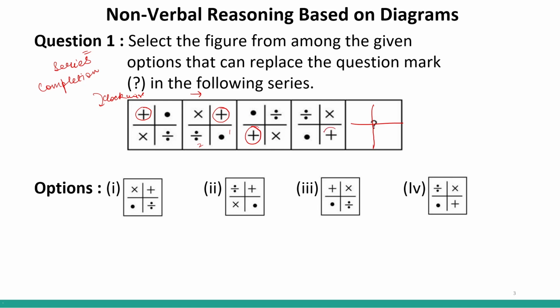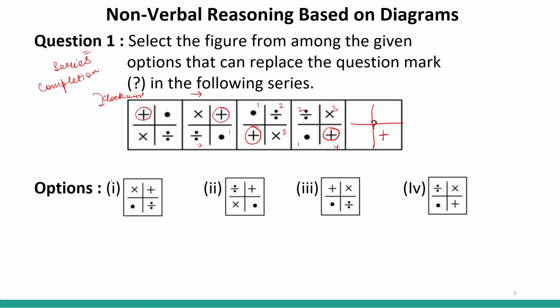Then we have it over here. So 1, 2, 3. Then it moved 4 positions in the clockwise direction. So now it will move 5 positions in the clockwise direction. 5 positions means 1, 2, 3, 4, that is 4 positions in the clockwise direction, because it moved 3. So the 4th position will give my plus sign over here.